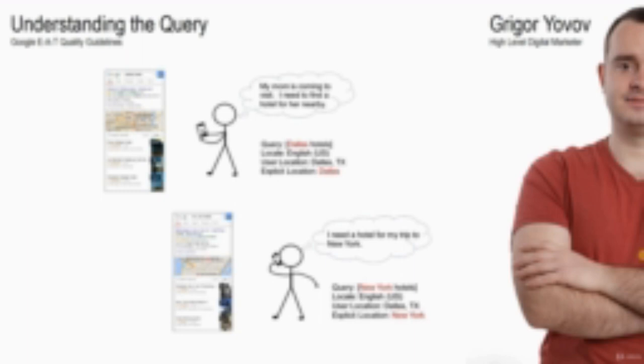In the second example, the person needs a hotel for their trip to New York, and their location is Dallas, Texas, but the query and the results they need are for New York hotels.